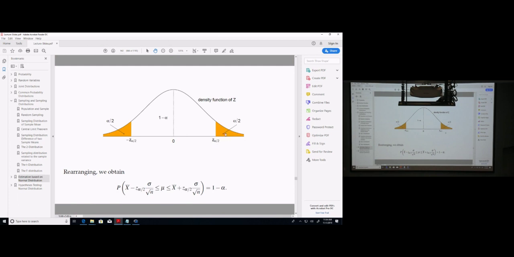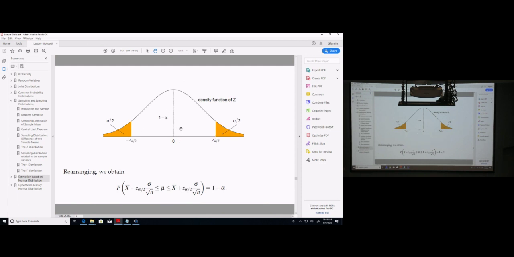By the notation we use here, this refers to the orange color on the right-hand side, which is of area alpha over 2. And by symmetry of the standard normal curve, this will be alpha over 2, and this number has to be the negative of this number.